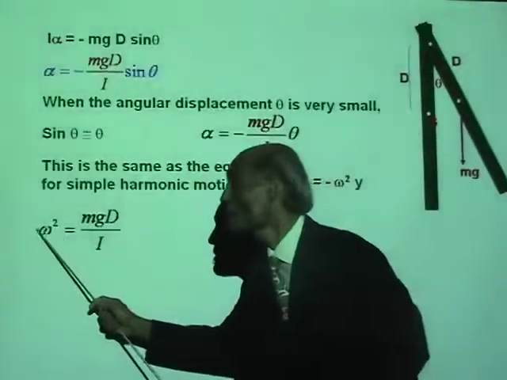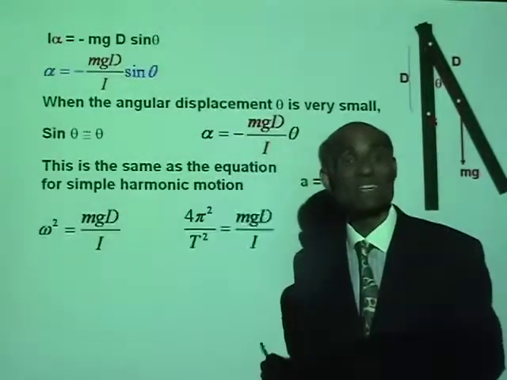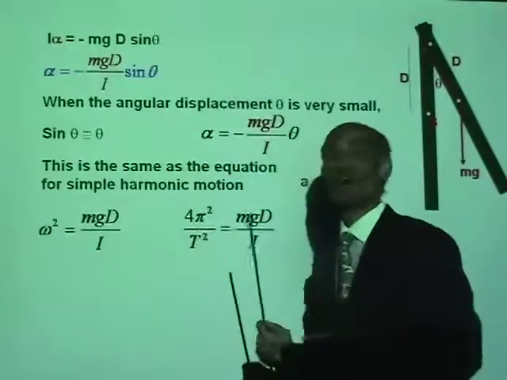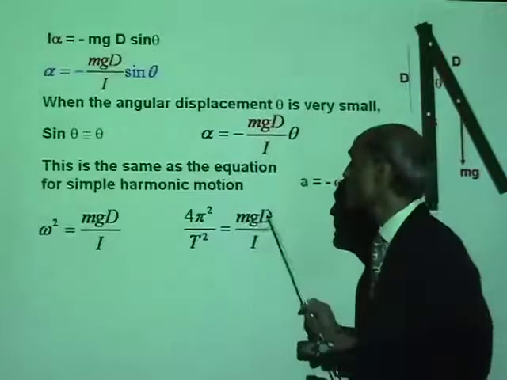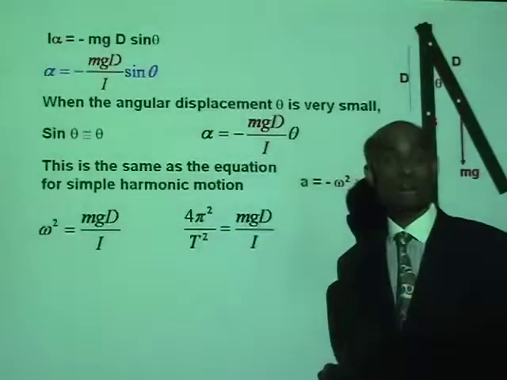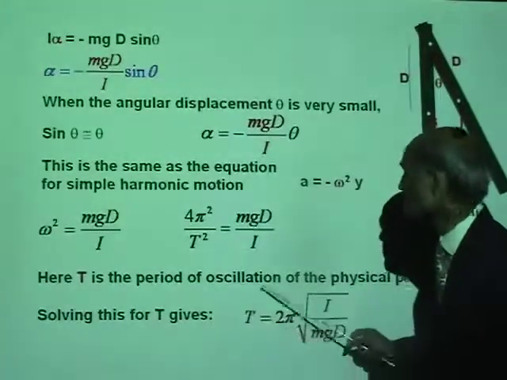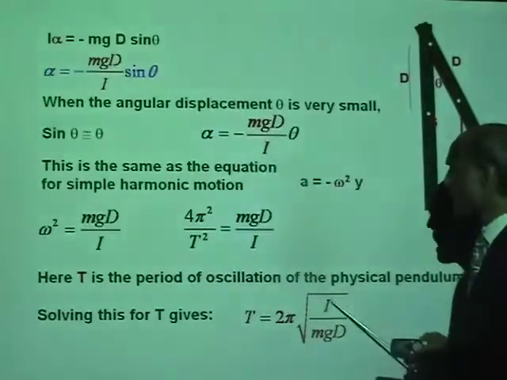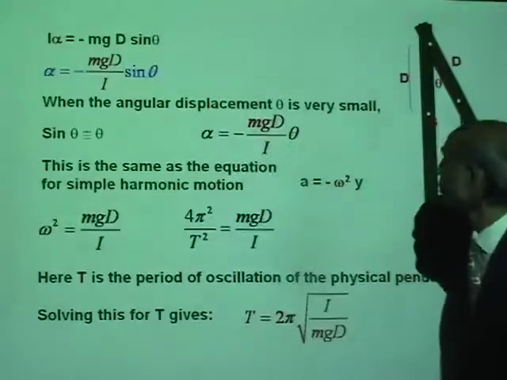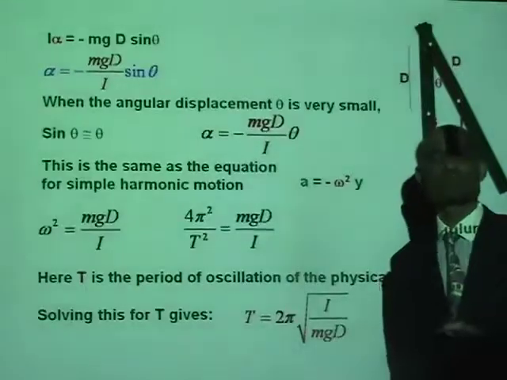Alright, now you know omega. Omega is 2 pi over T, and omega squared is 4 pi squared over T squared equal to mgd over I. Let's solve for T from here. Solving for T, I get T equal to 2 pi square root I over mgd. And this is the equation for the oscillation of a physical pendulum.